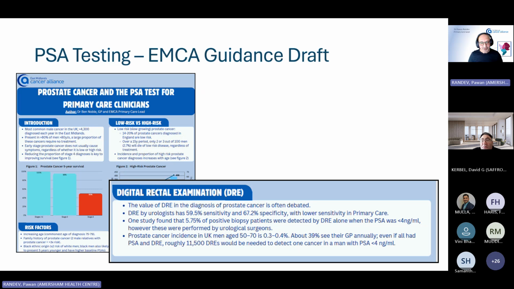You can adopt the approach of, well, you're over 50, you have a human right to have a PSA, but that means you'll do an awful lot of PSA testing. So I'm going to show you in a minute where NICE is on this, but we have a draft guidance that is currently going through our authorisation process.